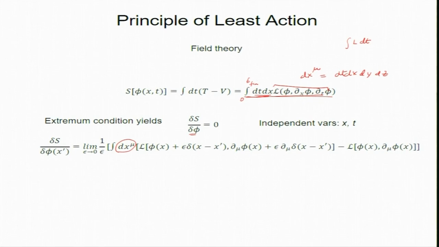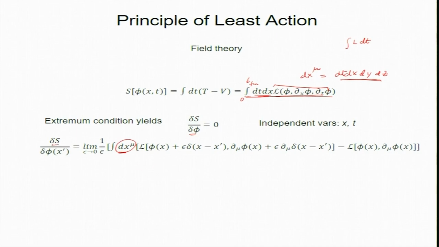This is space time, but in 1D it is just dt dx. I am not going to do relativity right now, though we will make some connection in between, and we will basically stick to non-relativistic fields. Right now you just think of it as dt dx.